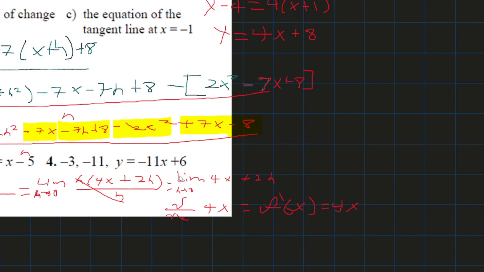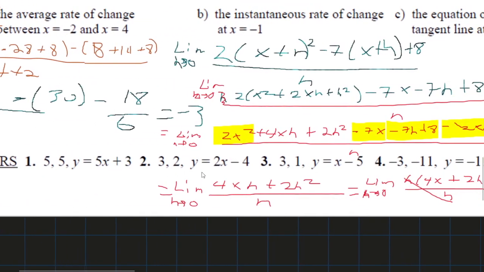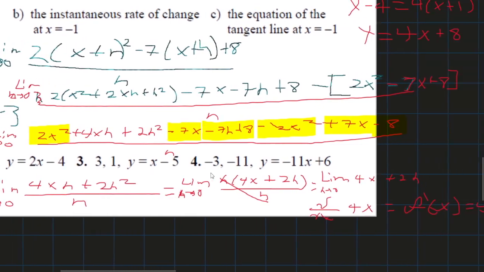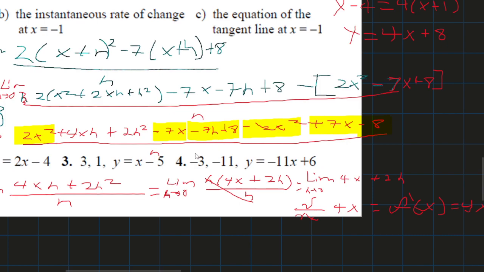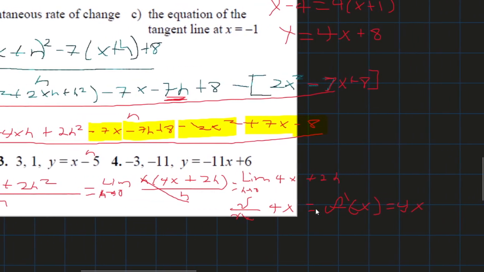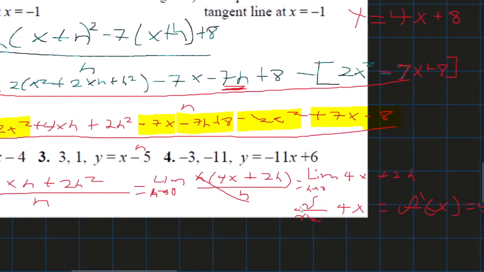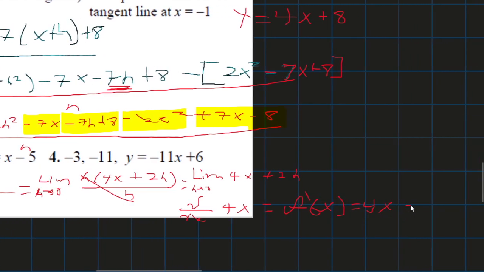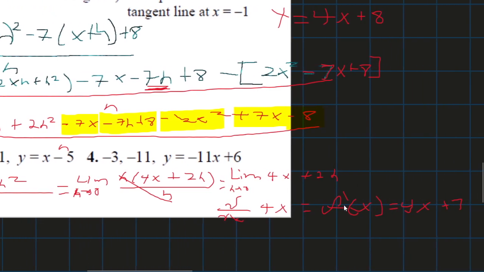So I probably did something wrong. Let me figure it out. Yeah, the derivative should have been. Oh, I forgot about the 7. That makes sense. I think it'll be fine.